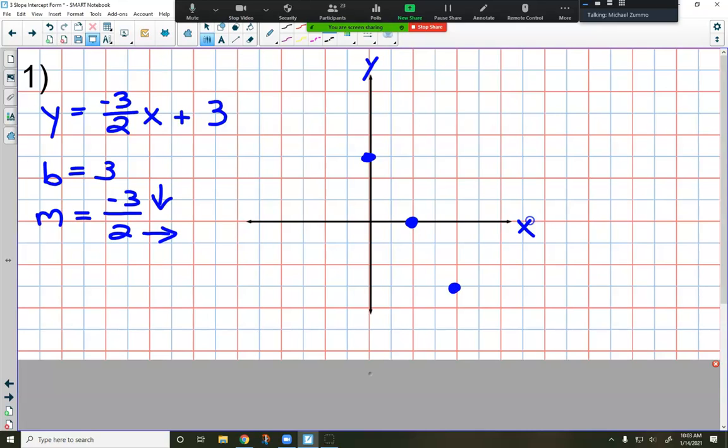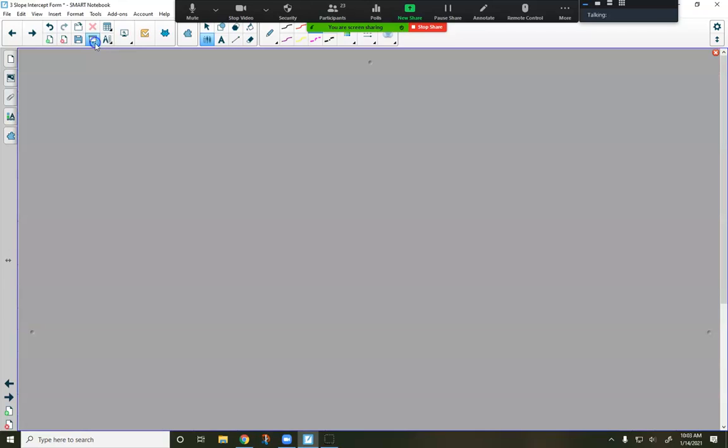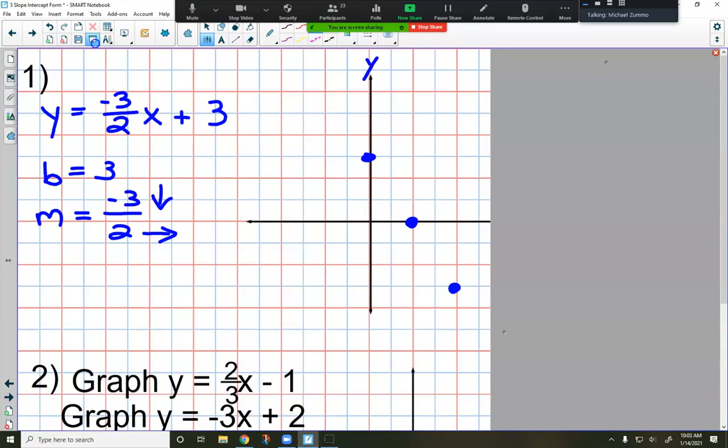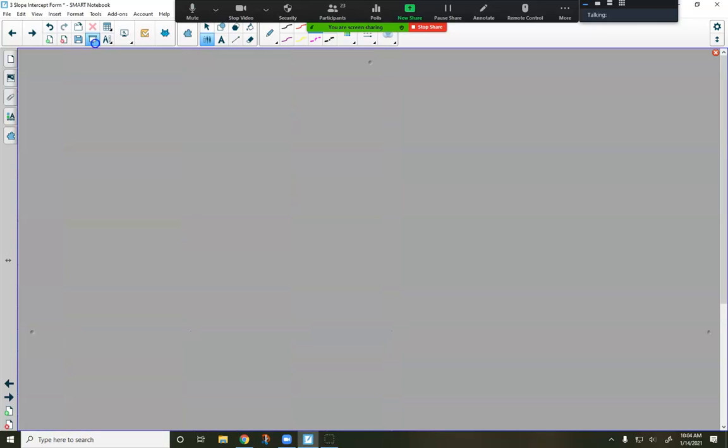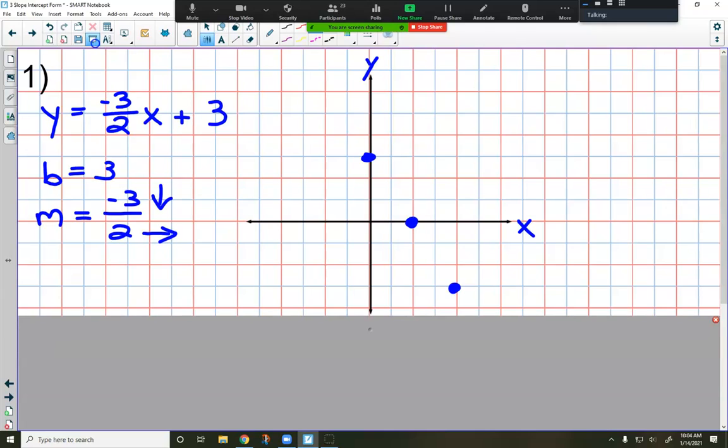The other thing we could do is, let's say you didn't have enough room. Maybe the paper ran out. Maybe we could only go to the left to make that point. That's still possible. Okay, that is still possible. You can move the slope in the complete opposite way. Instead of moving down and to the right, we could technically move up and to the left.